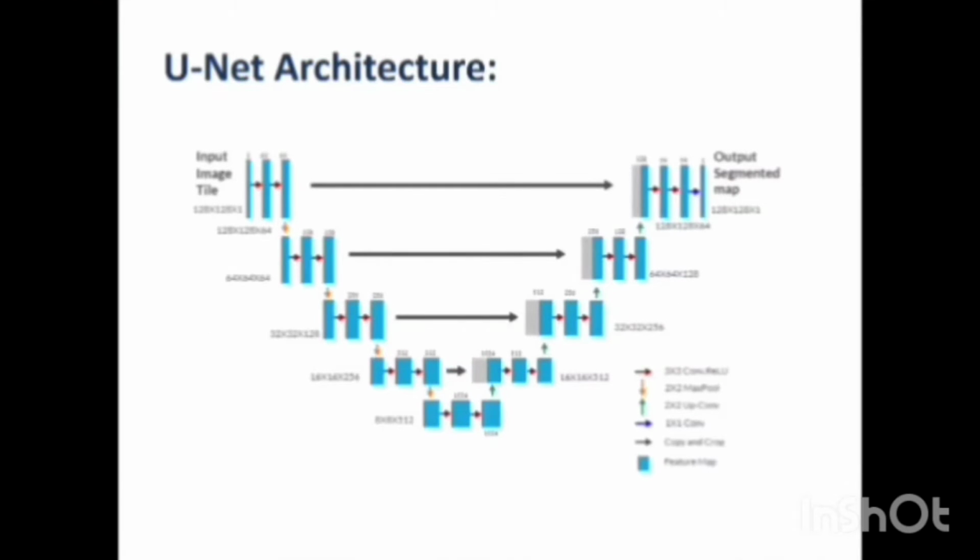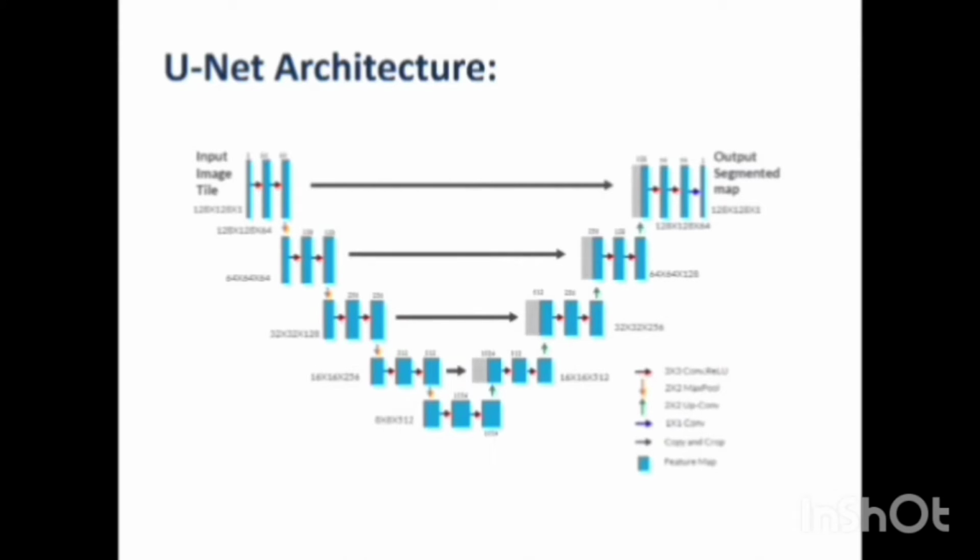This is the U-Net architecture. In this, the first half of the U-Net is the encoder part and the second half is the decoder part. The encoder part is also called the contracting path and the decoder part is called the expansive path.